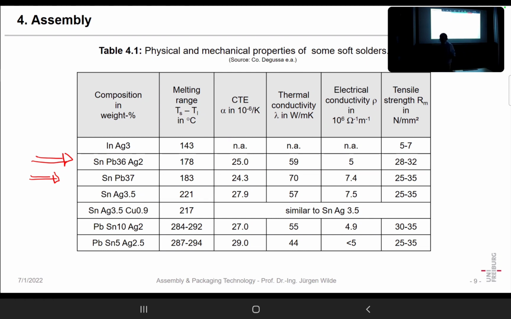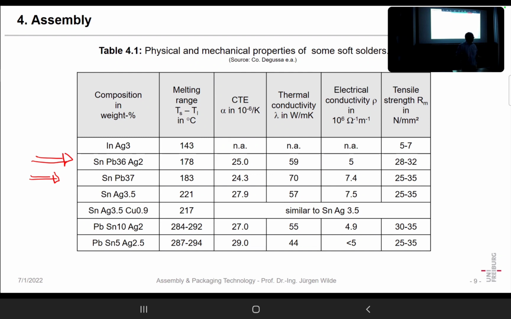Indium solders are mainly used for so-called cryoelectronics. That is electronic systems that are working at very deep temperatures. So some kind of sensors for magnetic sensing, also they are working in liquid nitrogen.